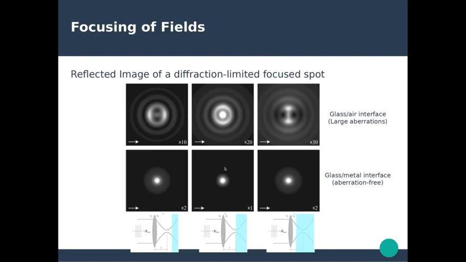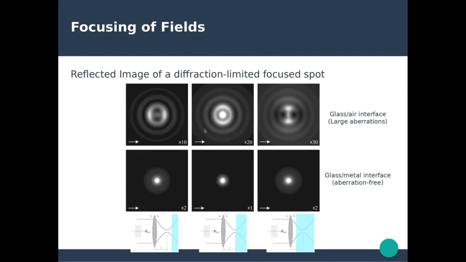So what you can see here in a case of glass-air interface, you have those concentric rings that occur where the laser spot is to be focused. And those rings are the manifestation of those standing waves I've mentioned just before. So as a result, even if you try to achieve a very strong localization, strong focus of the laser spot, you still have those concentric rings that are the result of this total internal reflection at the glass-air interface.